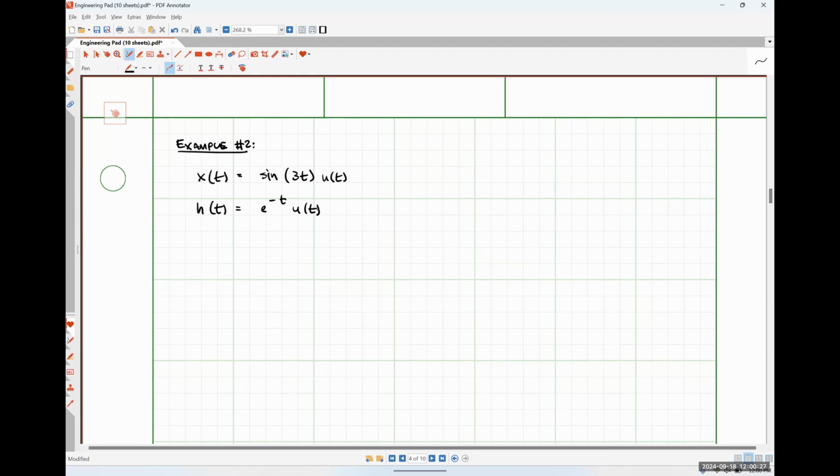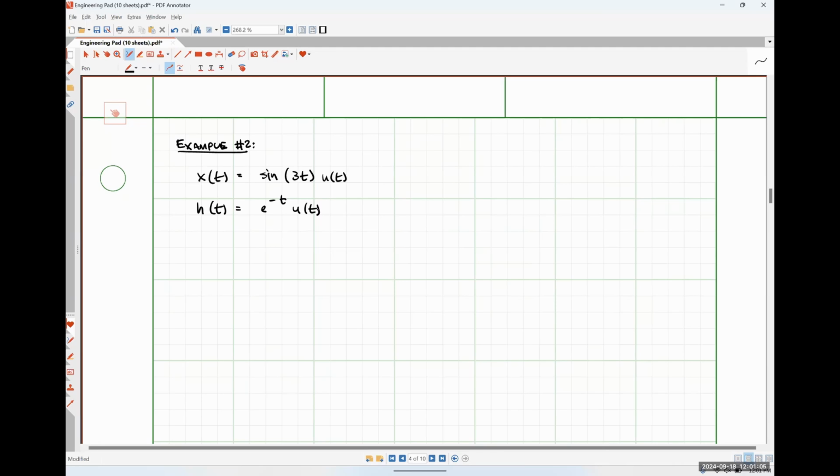Here, we're modeling a more real system where our sinusoidal function doesn't actually turn on until t is equal to 0. So what this is actually going to wind up giving us is not only our steady state response, but also the transient response built into a single package. And you'll see that we can very easily tell which part is our transient response and which part is our steady state response based on our prior knowledge of how a system like this should work. Okay?